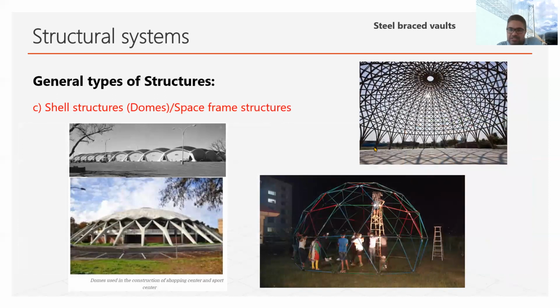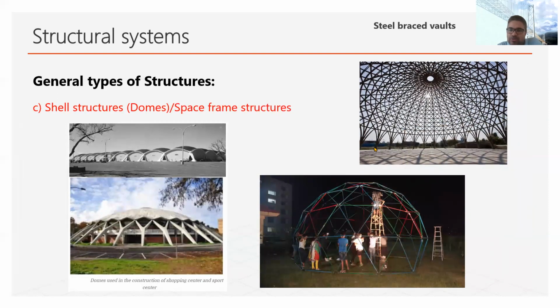Another type of shell structure can be the dome. In the case of concrete structures, we call them shell structures. But if we use steel members, they may also be called space frames. So based on the material, they can be distinguished as shell and space structures.